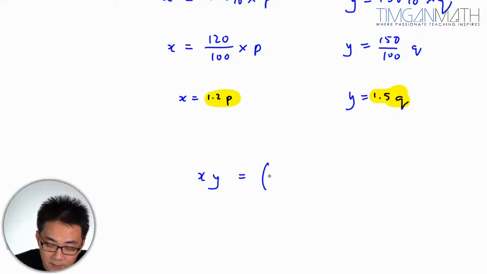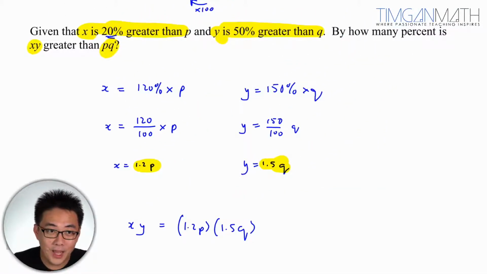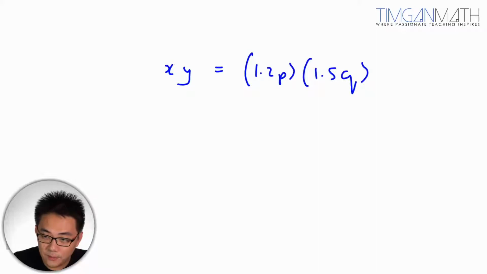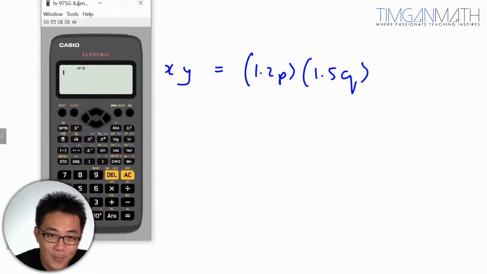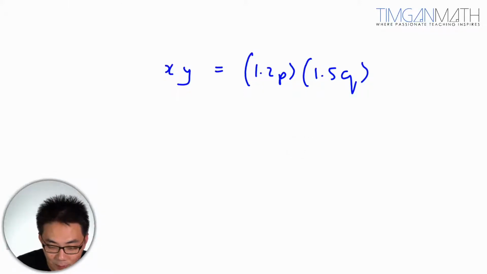I hope that is clear. That is how you deal with this part. Just bring out a calculator, and 1.2 multiplied by 1.5 will be 9 over 5 or 1.8. So I'll just leave it as 1.8pq first.